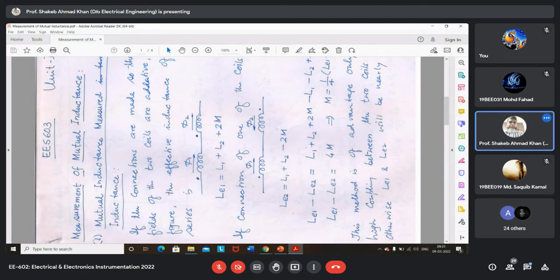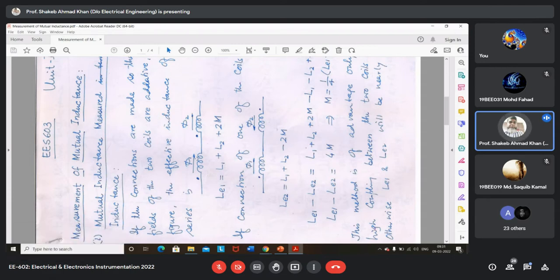Suppose we have two coils, and obviously if they are kept near each other, one coil's flux will link the other, and the other coil's flux will link the first one.